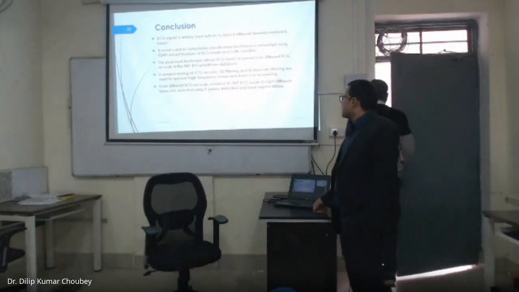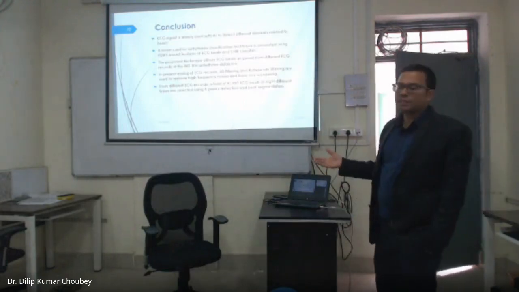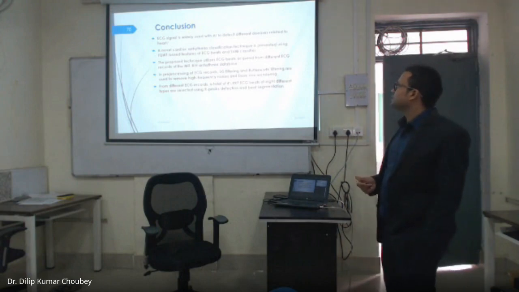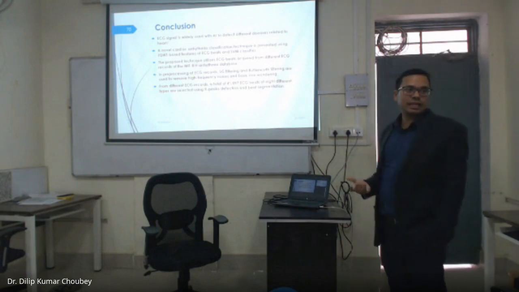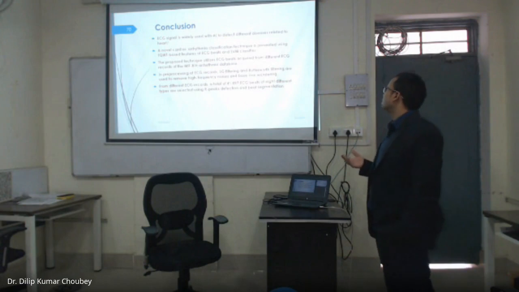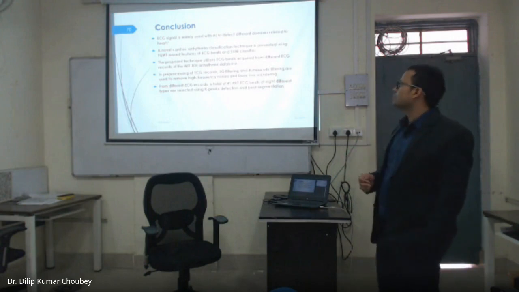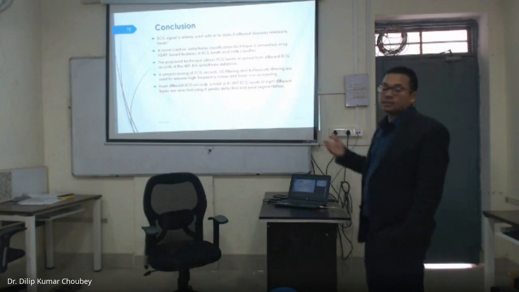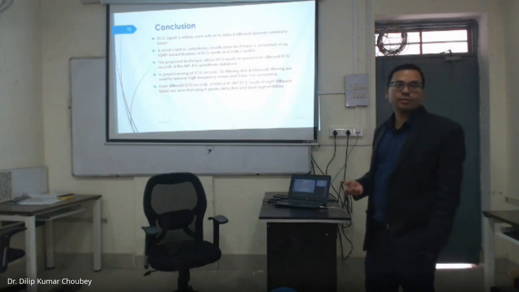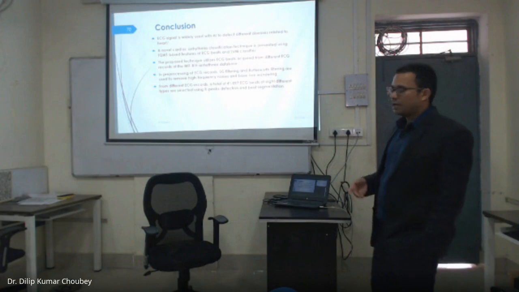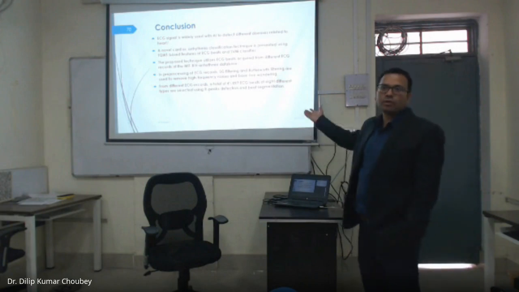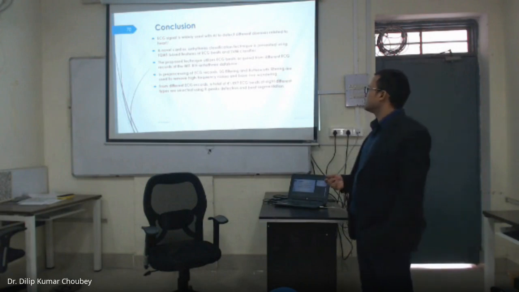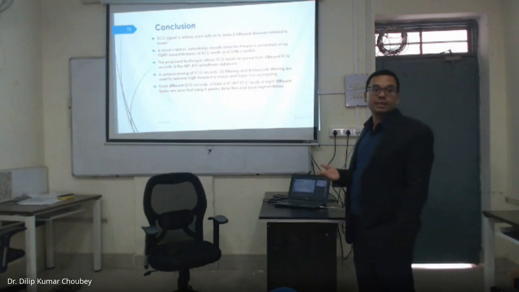So the conclusion, I can conclude the overall discussion at this point. ECG signal is widely used with AI to detect different classes of diseases related to the heart. वहाँ पे full stop missing है. A novel cardiac arrhythmia technique based on the Q-wave transform and SVM has been included here in the slides, and the database taken is the MIT-BIH arrhythmia database.